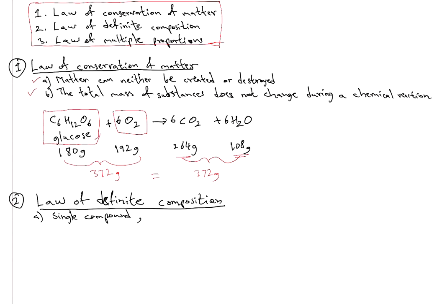And when you're talking about a single compound, that compound is made up of 2 or more elements. So these elements are the components of that single compound, and these elements will always combine in a definite proportion by their masses.